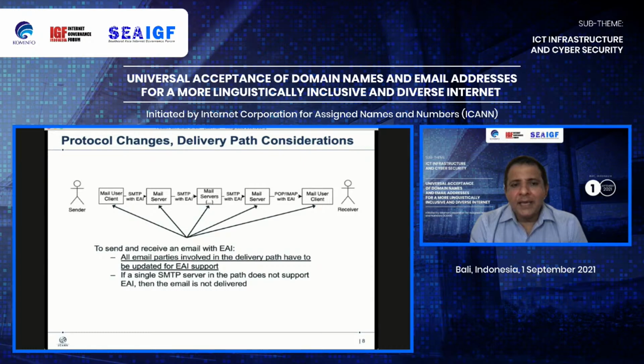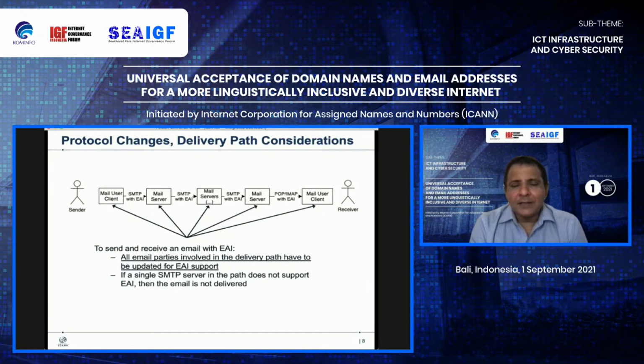So my mail server could be forwarding it to an intermediary mail server, and then that could be forwarding to another, and so on, until the mail gets to the end. But the important point here is that all those mail servers along the path should support EAI.